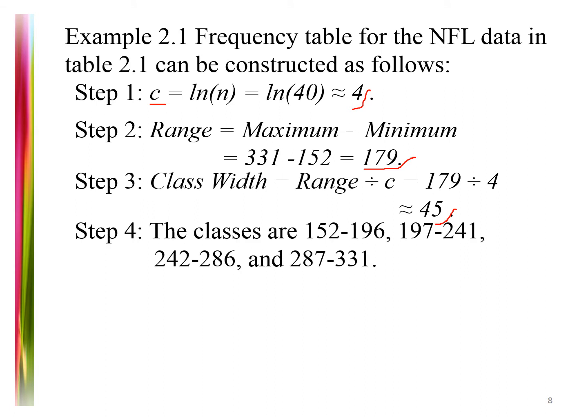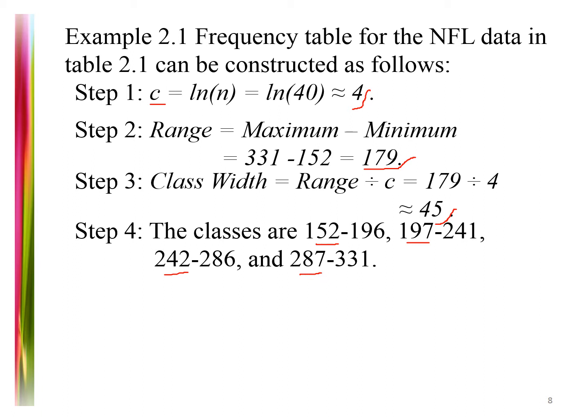Next, for the classes, first this is our lower value, the minimum 152. Then 152 plus the class width 45 gives the second interval's lower value, plus 45 gives the third interval's lower value, and plus 45 the last interval's lower value.